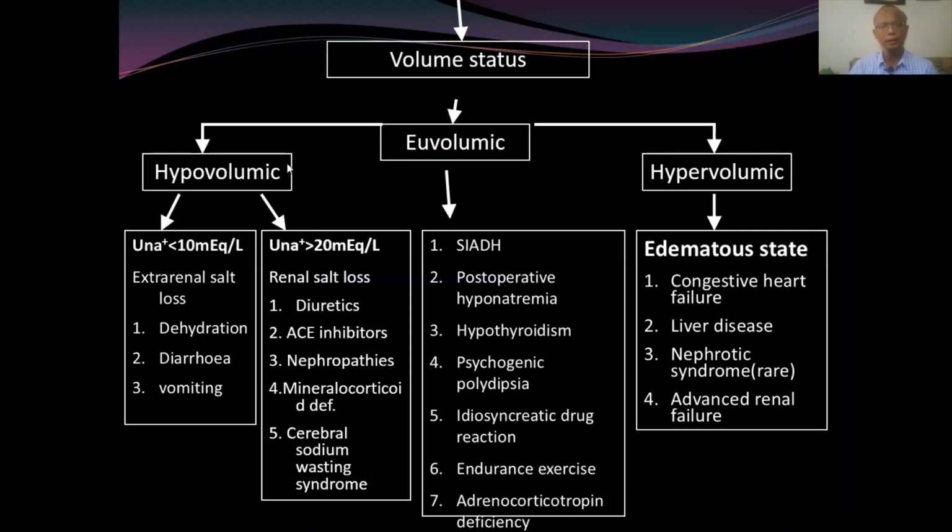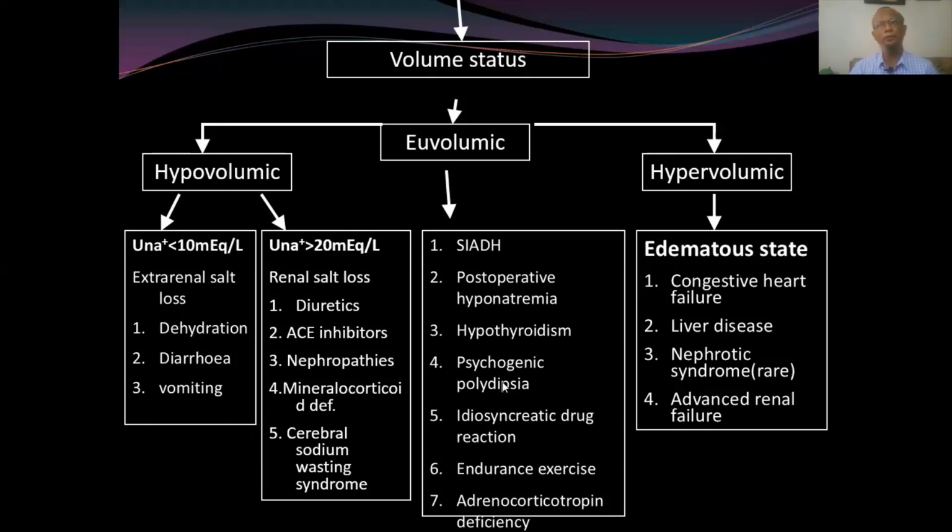So this is very important. If you can measure urinary sodium, you can guess whether the deficit is due to extrarenal salt loss or renal loss. Now comes the euvolemic hyponatremia, either due to syndrome of inappropriate ADH secretion, or postoperative hyponatremia, hypothyroidism, psychogenic polydipsia.